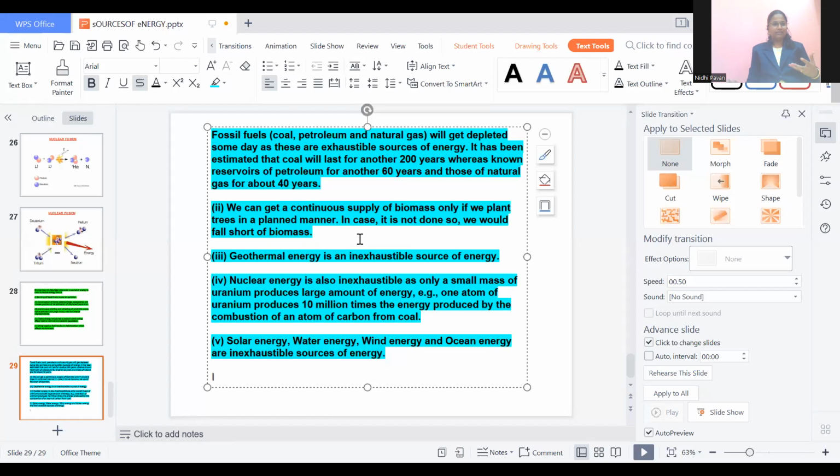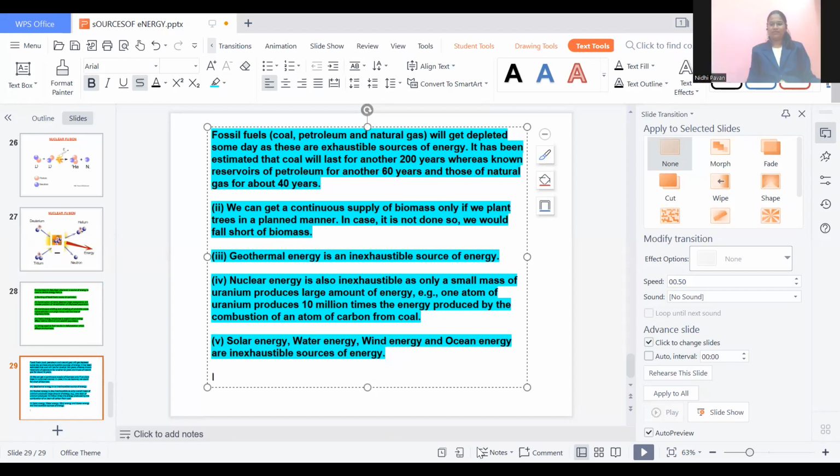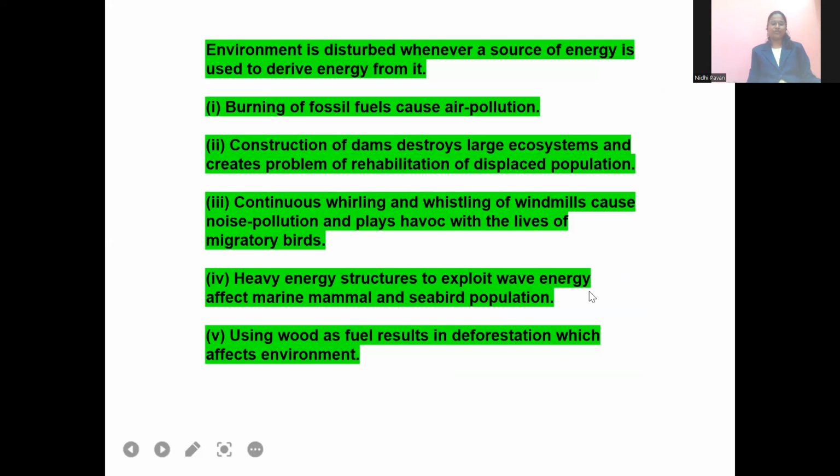Geothermal, tidal, nuclear fission, nuclear fusion, we discussed all of this. Today we are going to discuss the last concept of sources of energy.